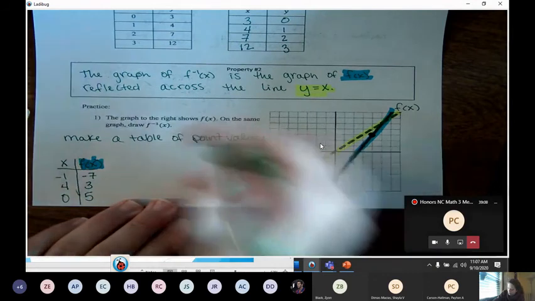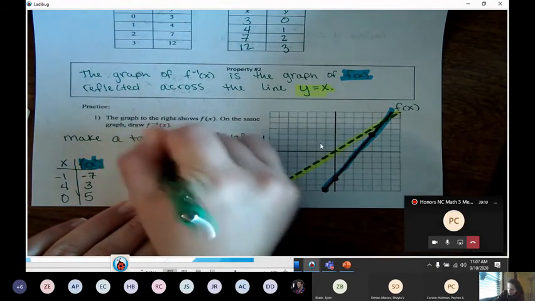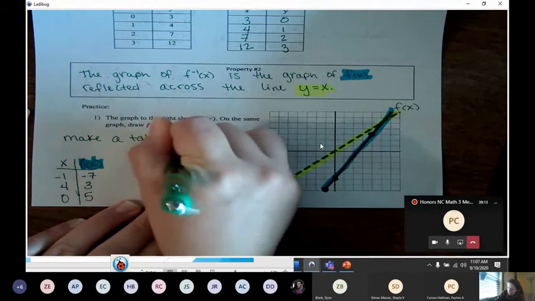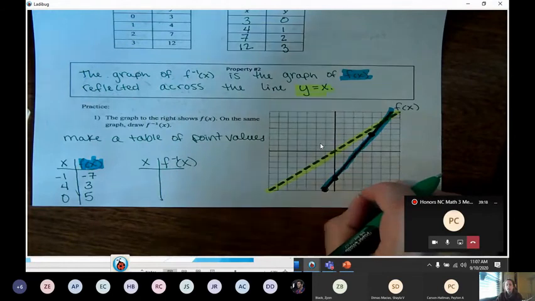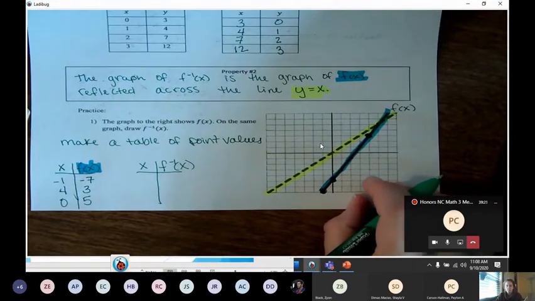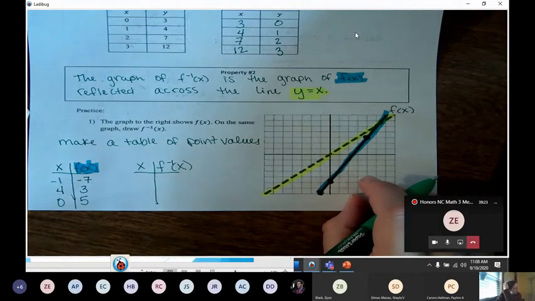To get my inverse values, I'm going to have x, and these are my inverse outputs. I'm going to flip all these points. Amaya, will you help me fill out this table?